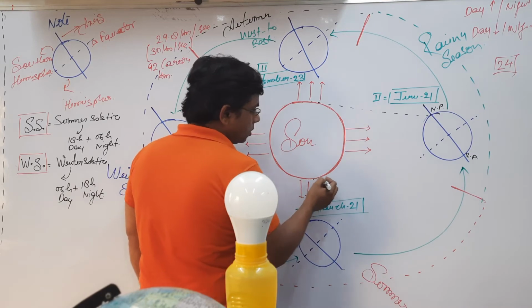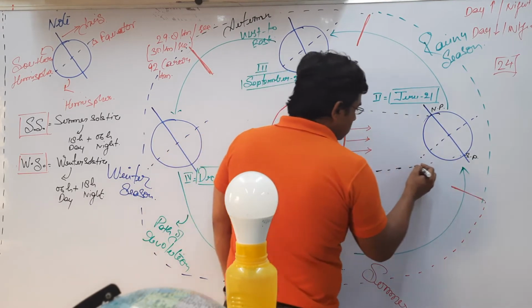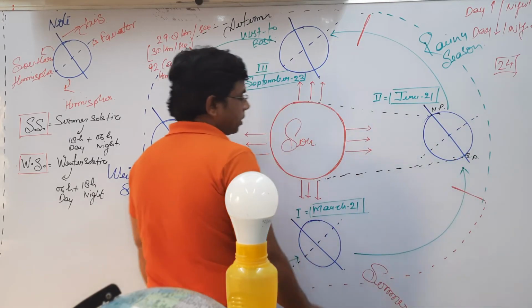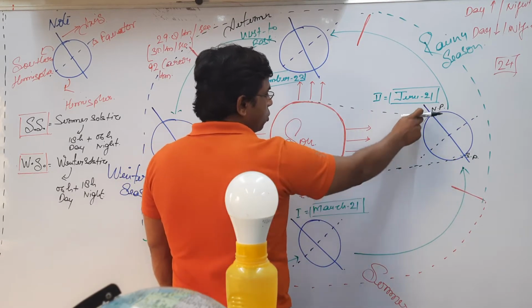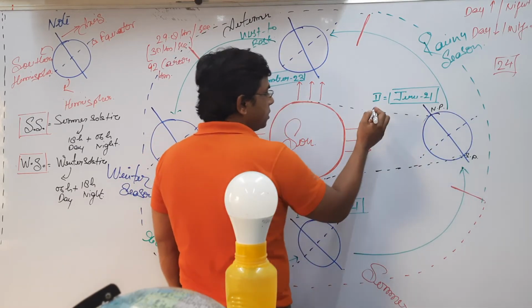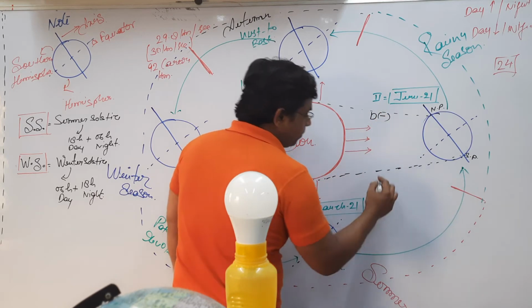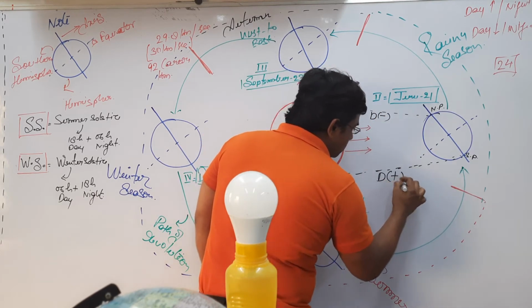If we compare the distance of the North Pole and the South Pole, because of the inclination of the earth, the North Pole has the minimum distance while the South Pole has the maximum.